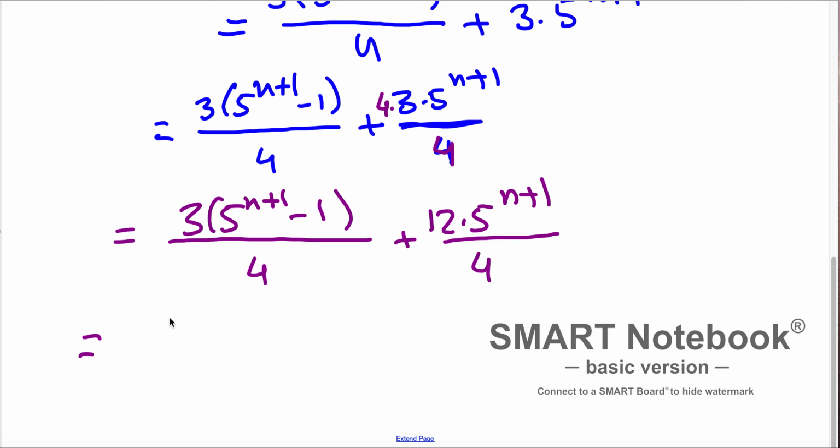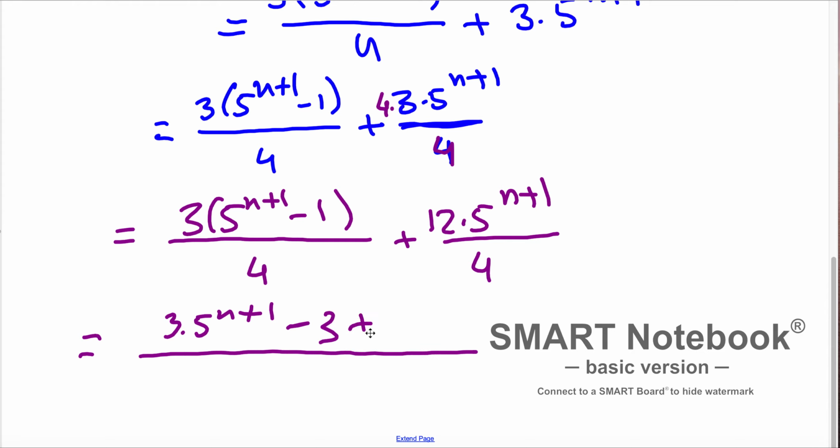3 times 5^(n+1), and here is a minus 3, because 3 times 1 is minus 3. And the other part here we have plus 12 times 5^(n+1), and that's what I have here, divided by 4.